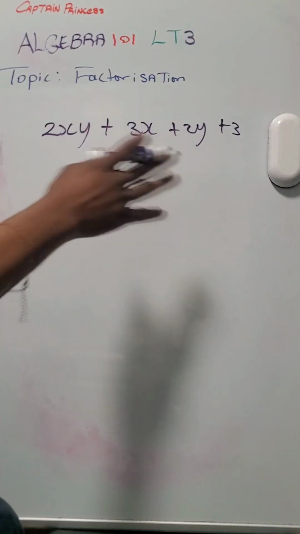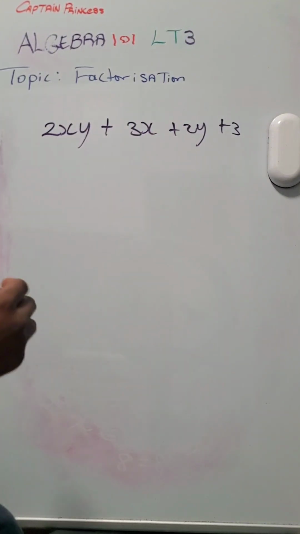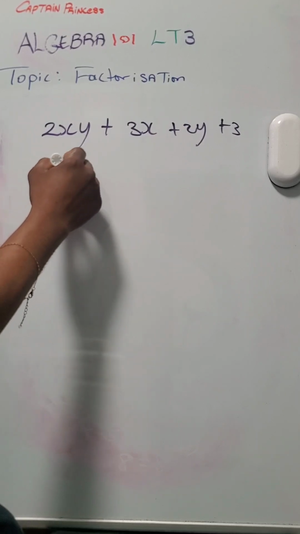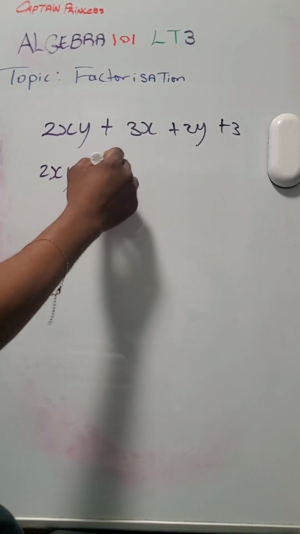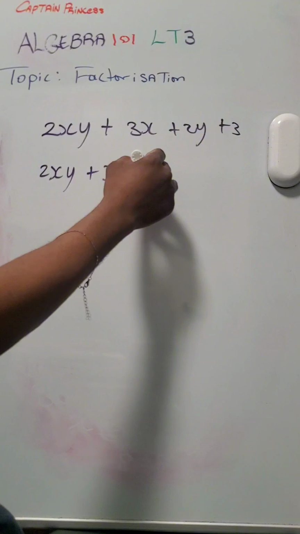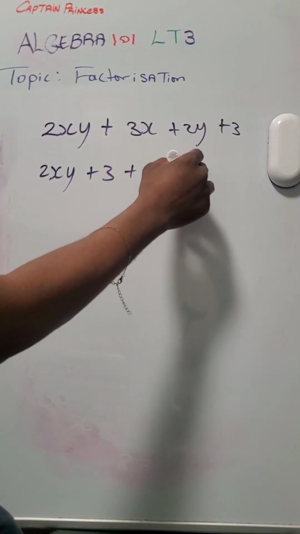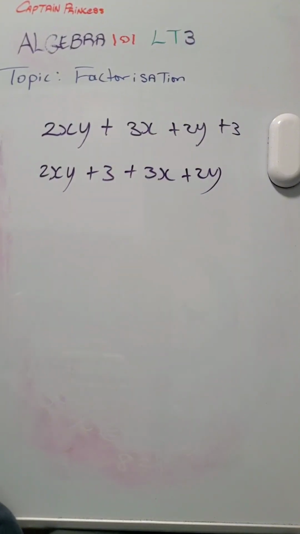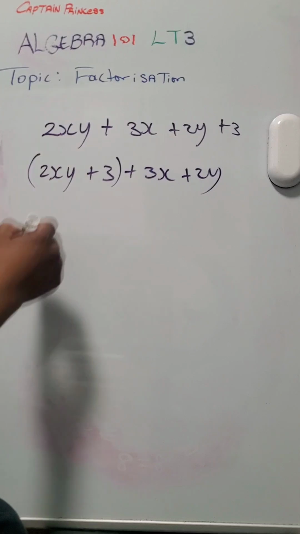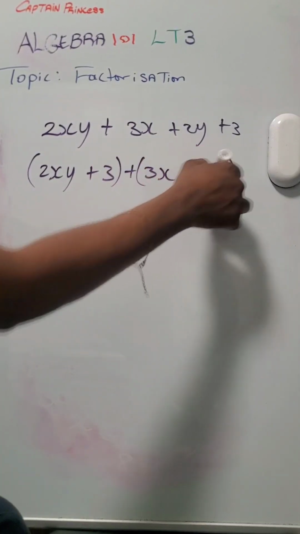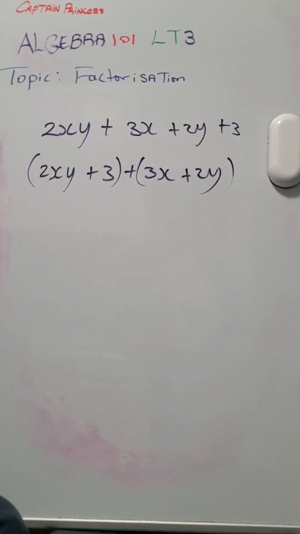So we're going to rearrange this all over the place and let us see if we will get what we want. Rearranging it, writing it 2xy plus 3 plus 3x plus 2y. If we were to use this and factor what is common to both terms, look at it.